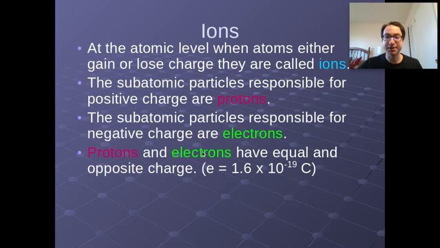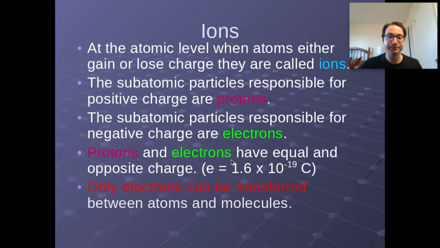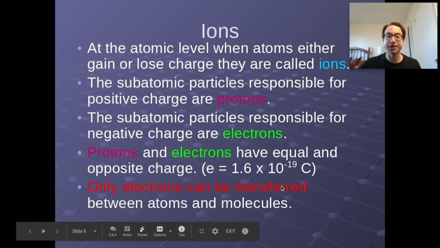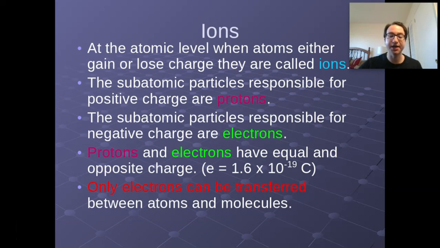Each of these subatomic particles has the elementary charge equivalent to 1.6 times 10 to the negative 19 coulombs. You just put a negative sign in the beginning if you're dealing with the electron, positive for the proton. And again, only the electrons are transferred between the atoms and molecules due to the nature of the structure of the atom. This is the end of the second video.